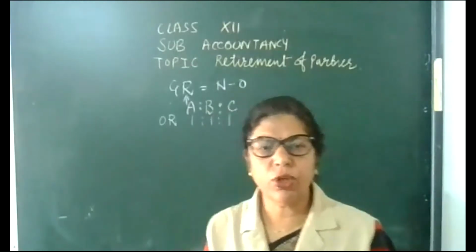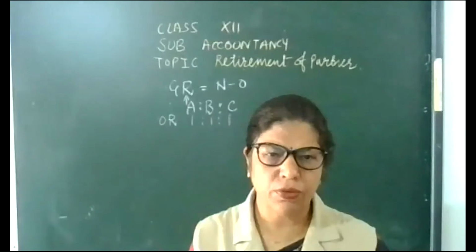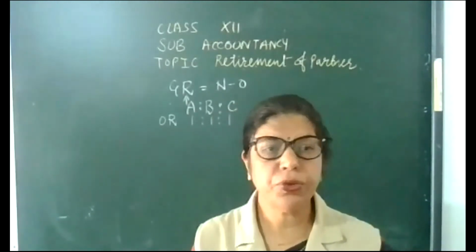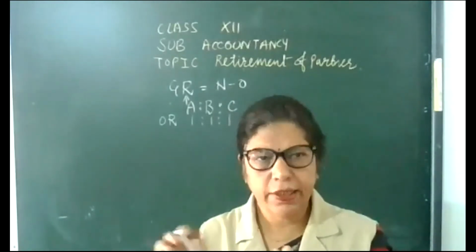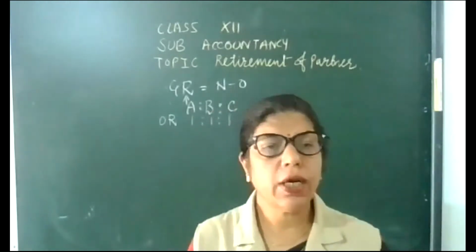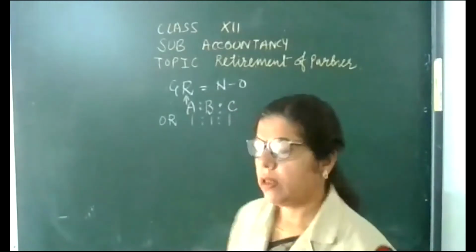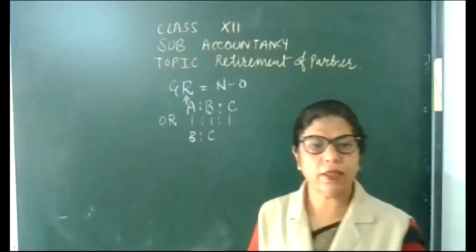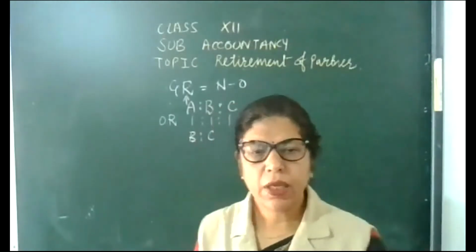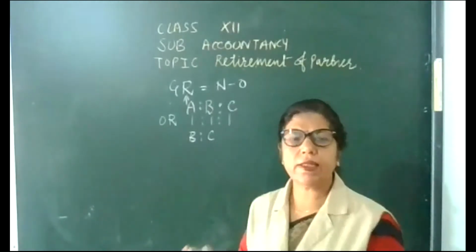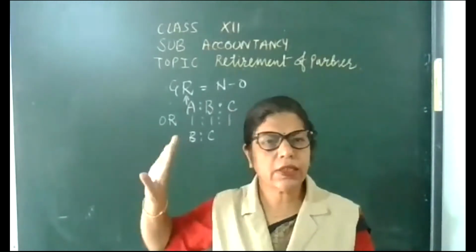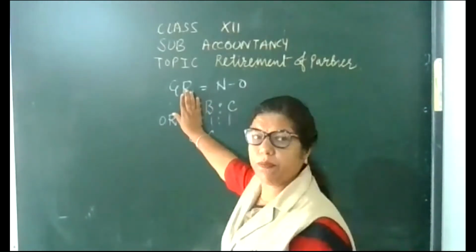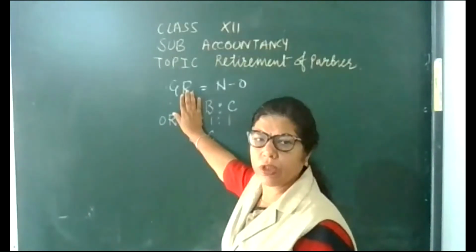So when the old partners' shares are equal, it is 1:1:1. Then what to do next? A retires. Simple. Who are the remaining partners? Yes, my dear children, B and C are the remaining. Here, just keep aside the one who is going out.